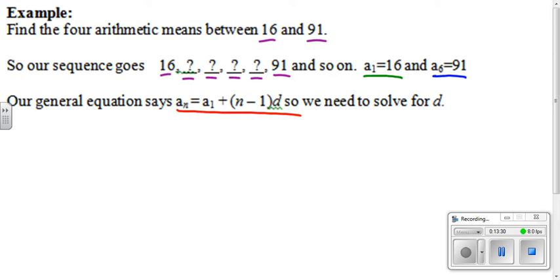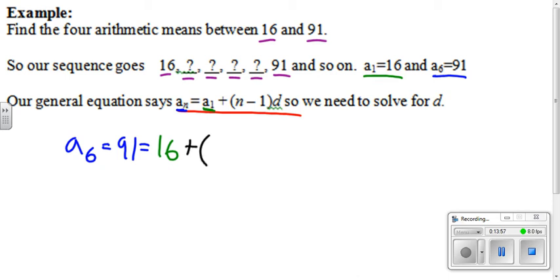So we just plug in everything we know. We know we have a sub n that is a sub 6, and that's 91. So we would say a sub 6, or 91, is a sub 1, which is 16.